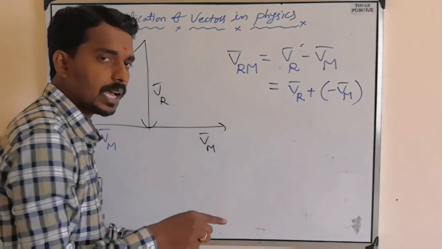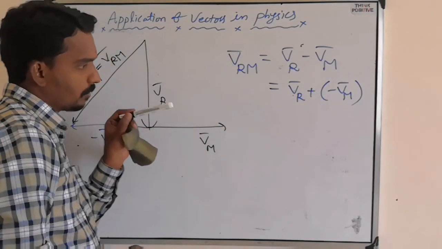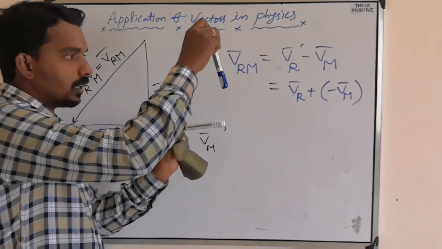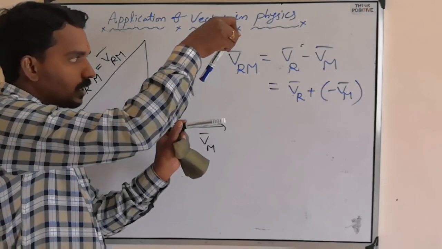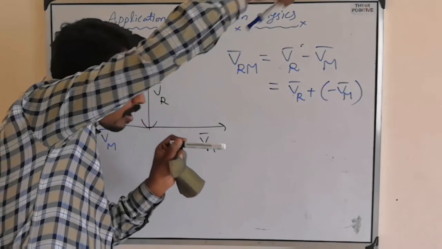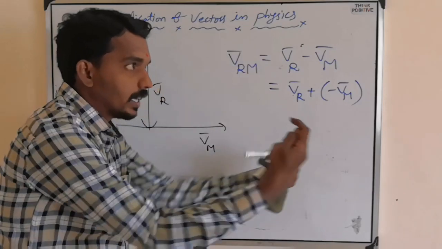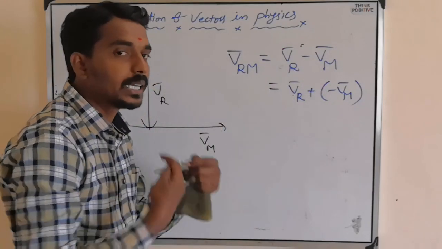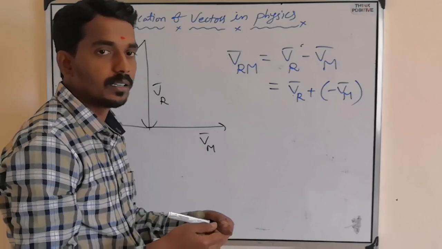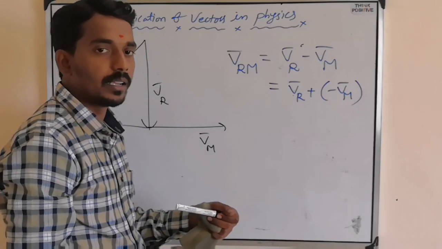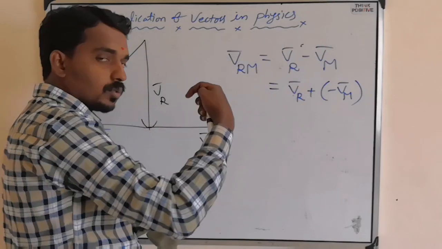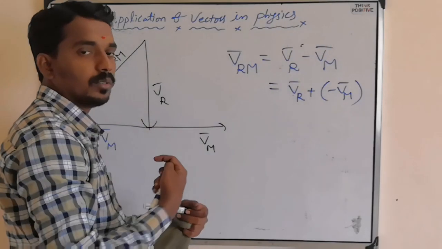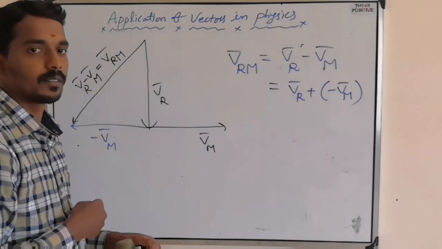Because of your velocity, the rain bends in this way, opposite to you. That's why rain falls on your face. It becomes difficult to drive a bike while raining, because the rain appears to fall towards you from the opposite direction always.